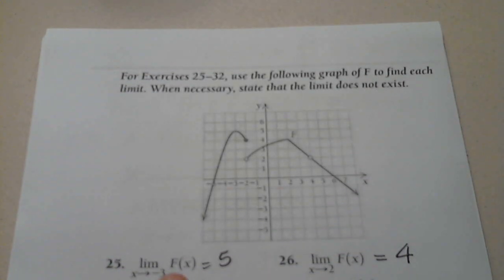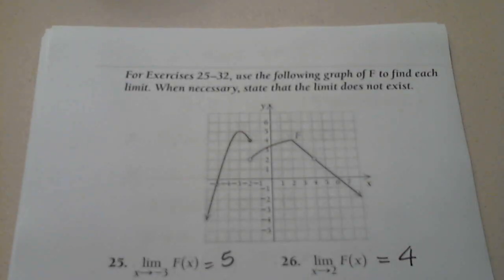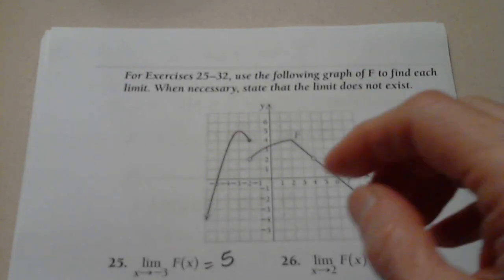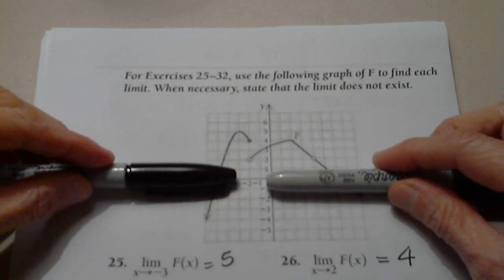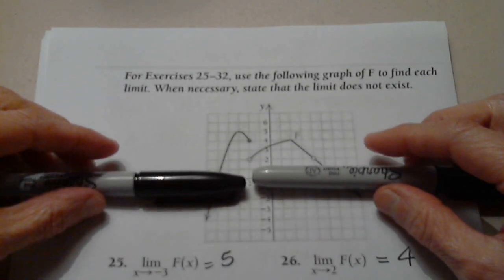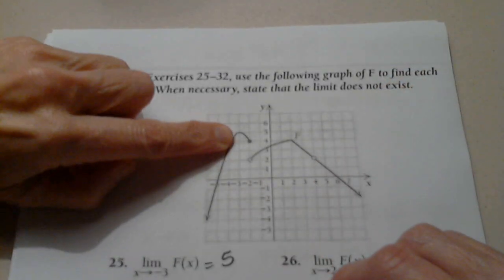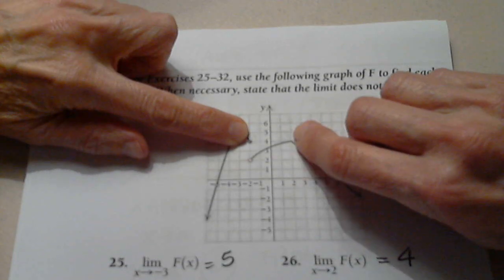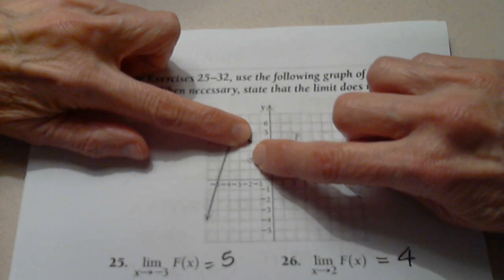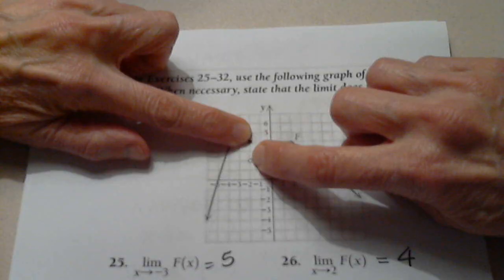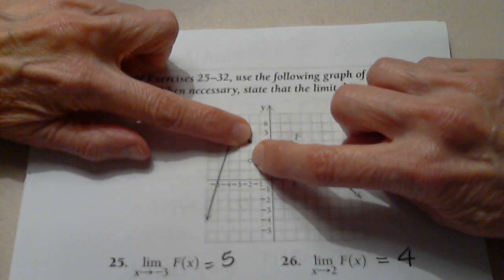The limit of f of x as x approaches -2 from either side. I locate -2 from either side. And now I have to find the unique number that the function targets. What is the unique number that the function targets? 4.